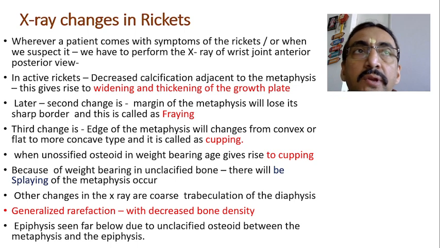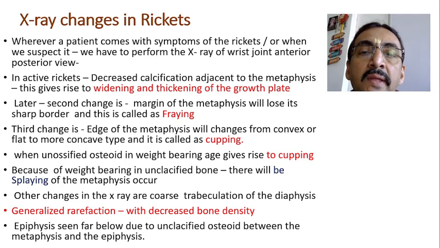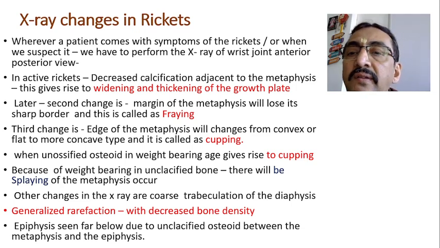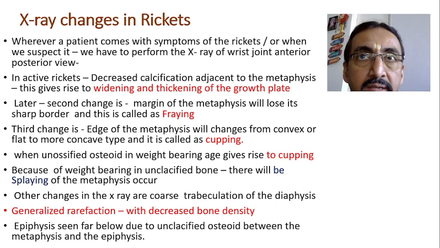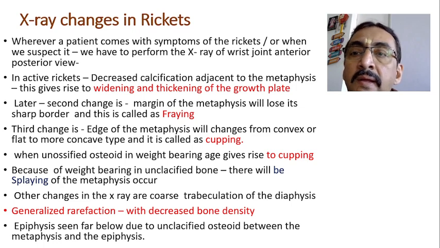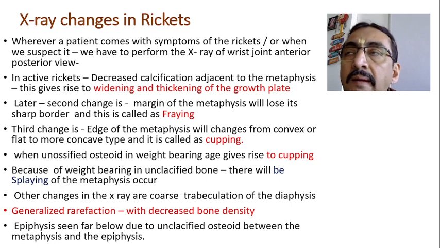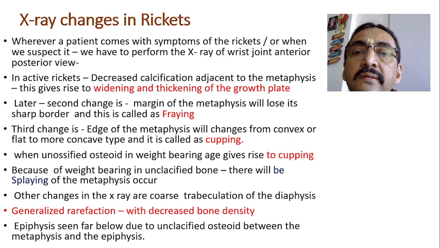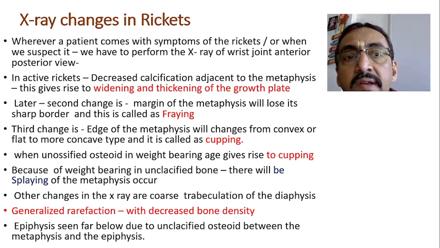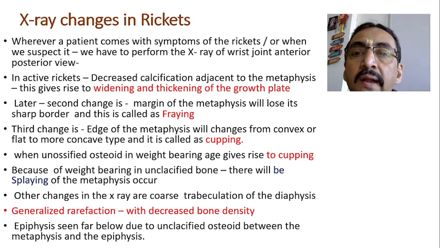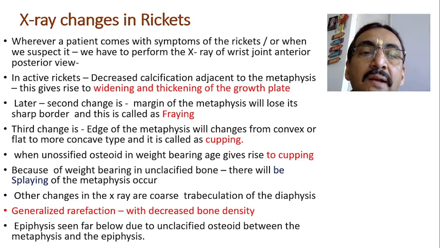Now in active rickets, the decreased calcification adjacent to the metaphysis will be there. Suppose the child is having some problem related to calcification and mineralization, then in the metaphysis, that's where the growth plate is present, we will have some decreased calcification in the metaphyseal area, and this decreased calcification will give the X-ray finding of widening and thickening of the growth plate.